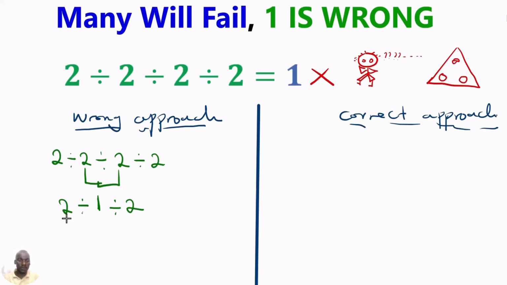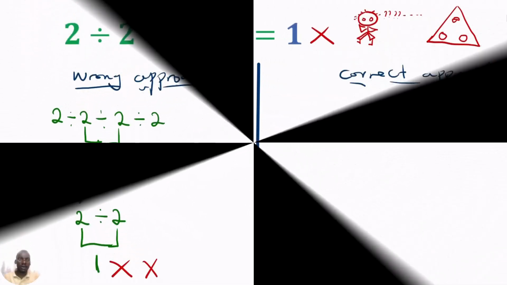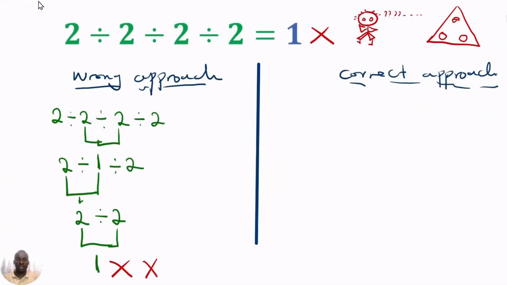Then from here, 2 divided by 1 means the result is 2. Then this symbol is moved to that side, then the 2, whereby 2 divided by 2, once simplified, gives us a 1 as our result. But we are saying that 1 as the answer to this math trick question is completely wrong. Let us have the correct version of doing it.